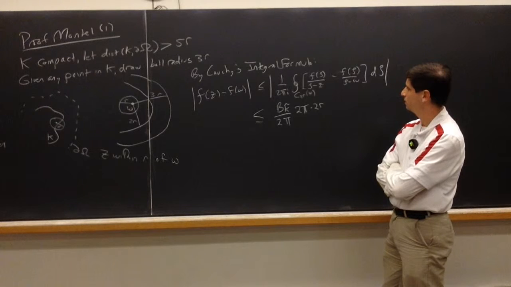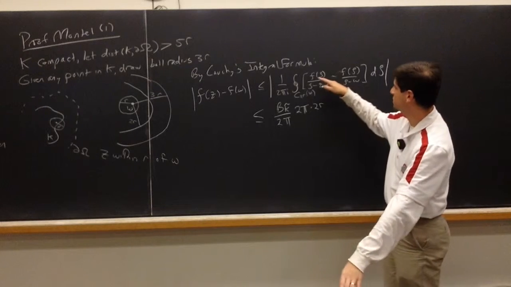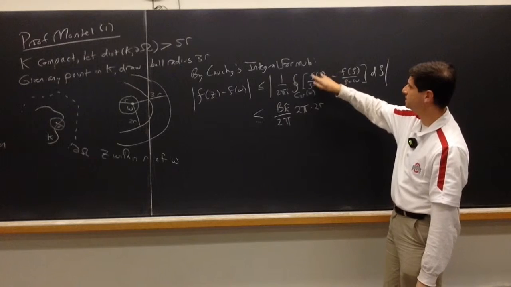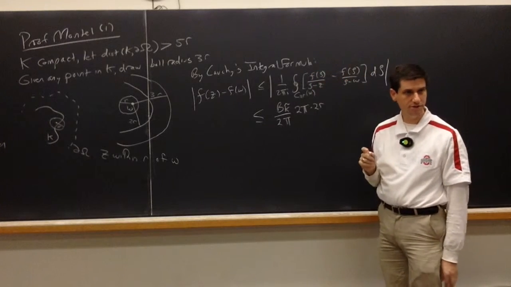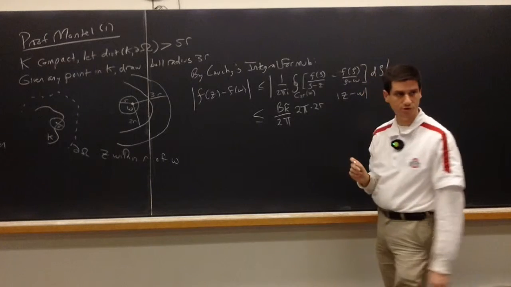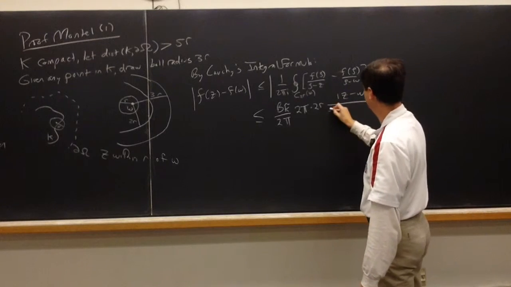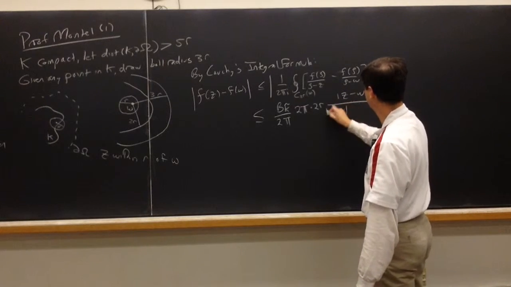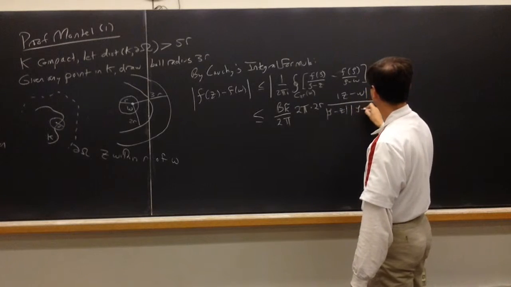Right, now, if we cross multiply, we get zeta minus w minus zeta minus z. So that gives us a z minus w upstairs when we cross multiply. And we have a zeta minus z, zeta minus w.